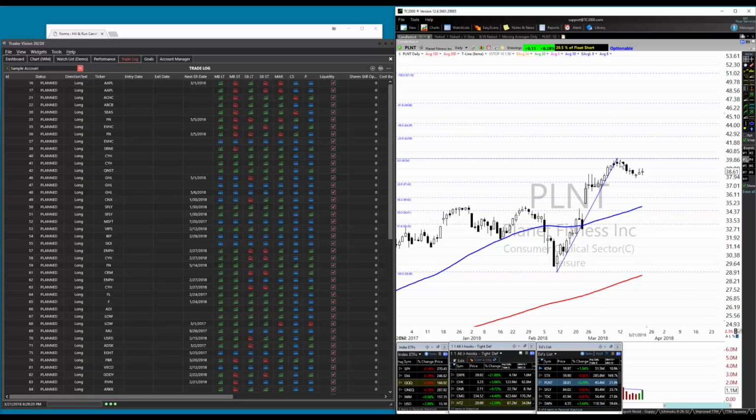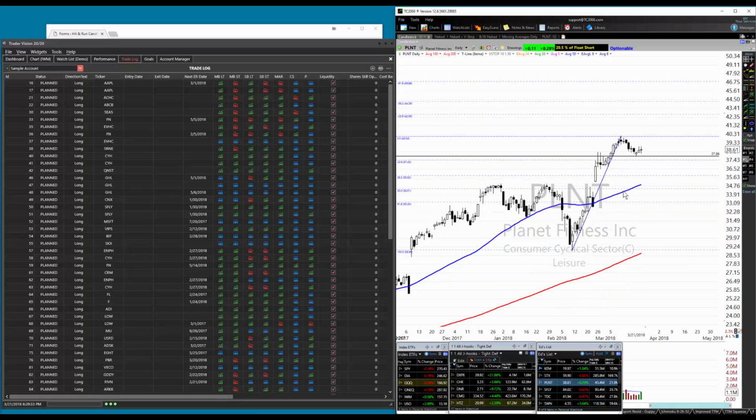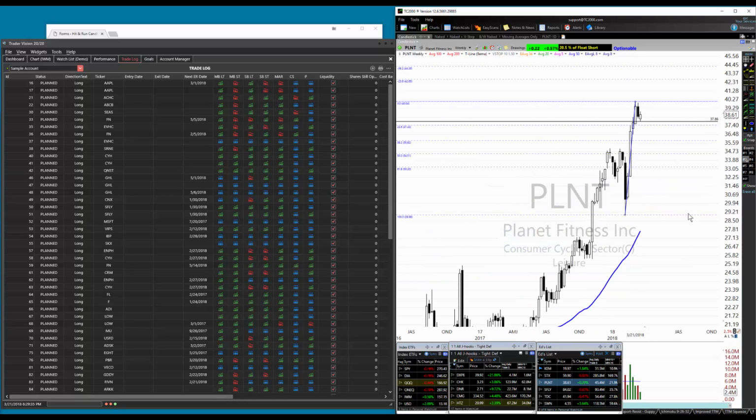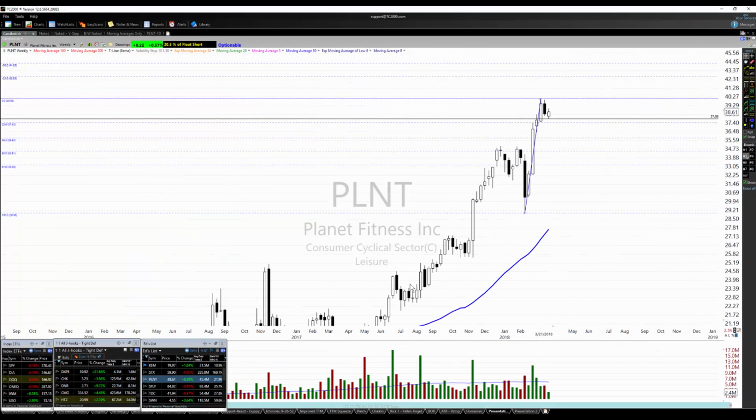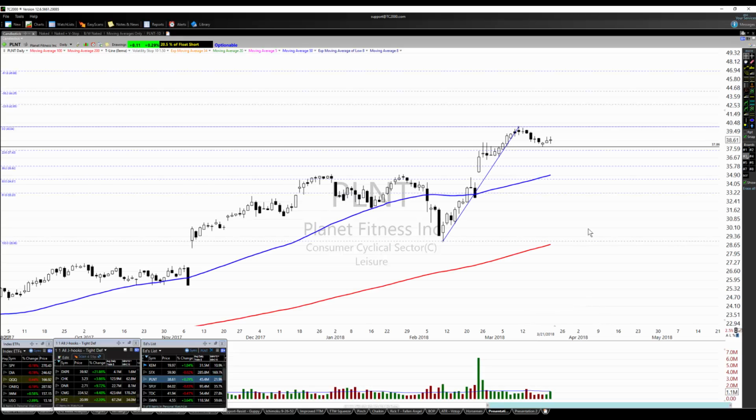Planet Fitness is doing a nice little pullback and maybe has turned the bottom here. Don't have a signal, but I like the action here. We're at all-time highs, so that fib run is going to have to be the best I can do.